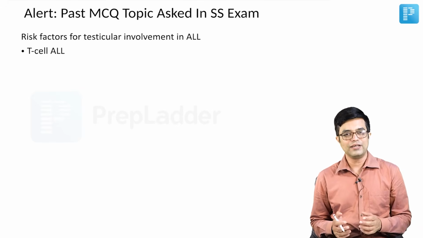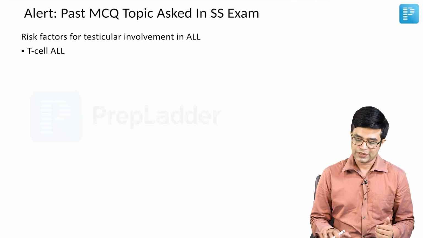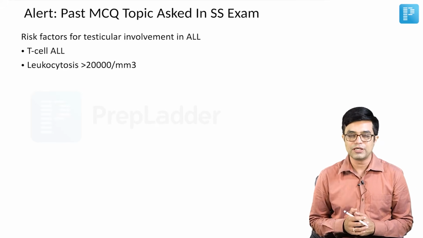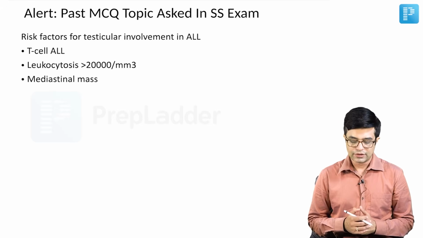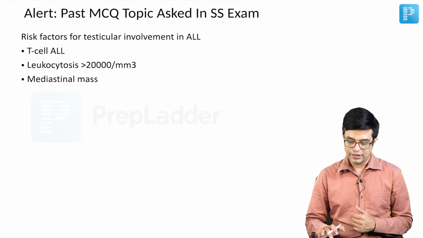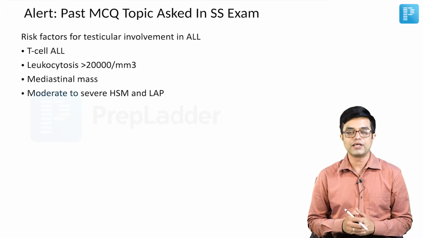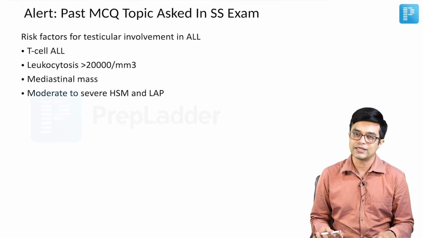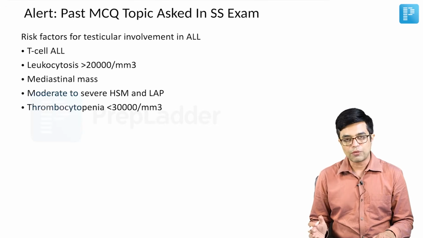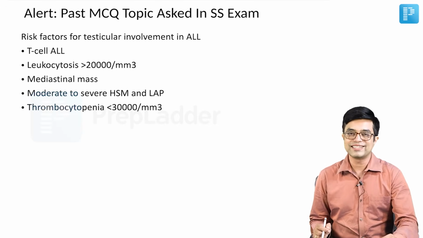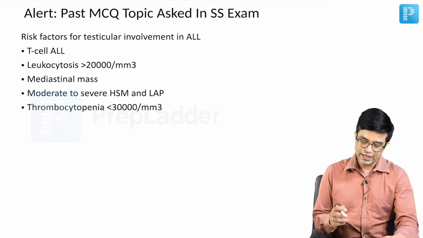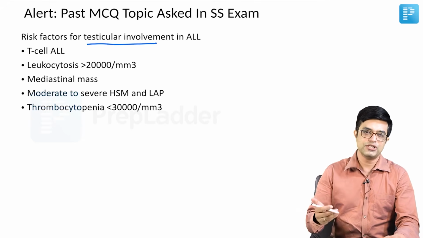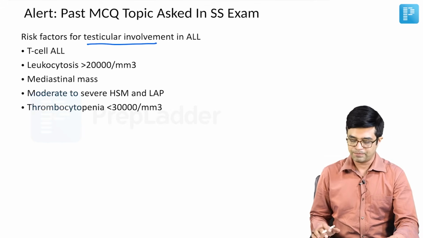First, T-cell ALL usually carries a high risk. Secondly, if there is leukocytosis more than 20,000 per cubic millimeter, the risk is high. Third, if there is a mediastinal mass. And fourth, if there is moderate to severe hepatosplenomegaly and lymphadenopathy, the risk of testicular involvement is high. And finally, thrombocytopenia with platelet count less than 30,000 per cubic millimeter is indicative of testicular involvement in ALL. This is the past PGI Central Institute question.